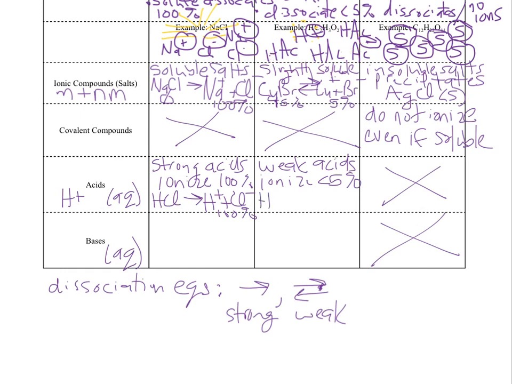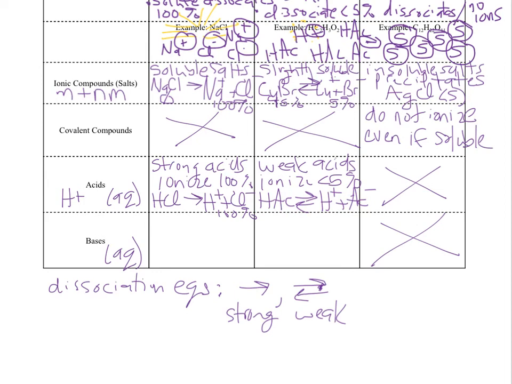So we take the acetic acid, we're going to take the HC2H3O2, that's the acetate ion, which is the C2H3O2 with the hydrogen in front, and we have to draw two arrows, right? And some of it, about 5% of it, ionizes down into its H plus and its acetate ion. But then some of it also reforms the acetic acid. So this is happening here. And you have 5% actually ionized and 95% non-ionized. Okay?